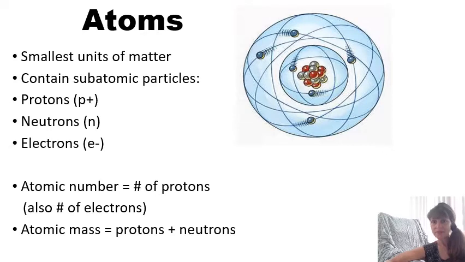The mass is everything in the nucleus. Why doesn't the mass include electrons? If you were to step on a scale and an eyelash were to fall off, the number on the scale would not change. Electrons are very light, and the atomic mass doesn't change with the number of electrons.